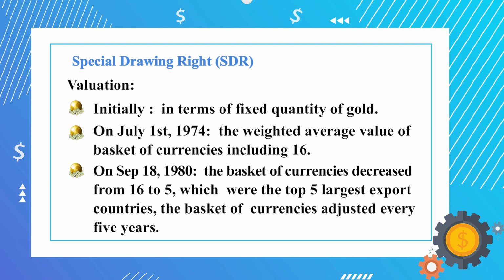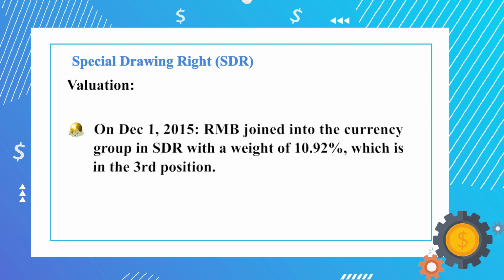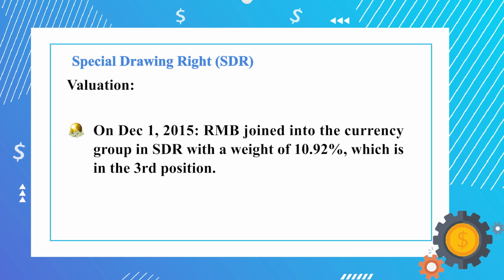The basket of currencies is adjusted every 5 years. On December 1, 2015, RMB joined the currency group in SDR with a weight of 10.92%, which is in the third position.